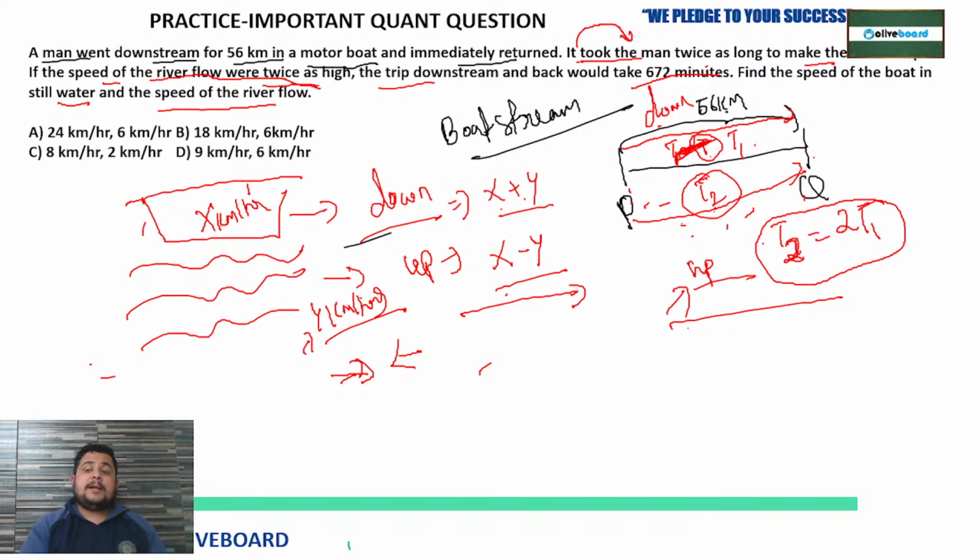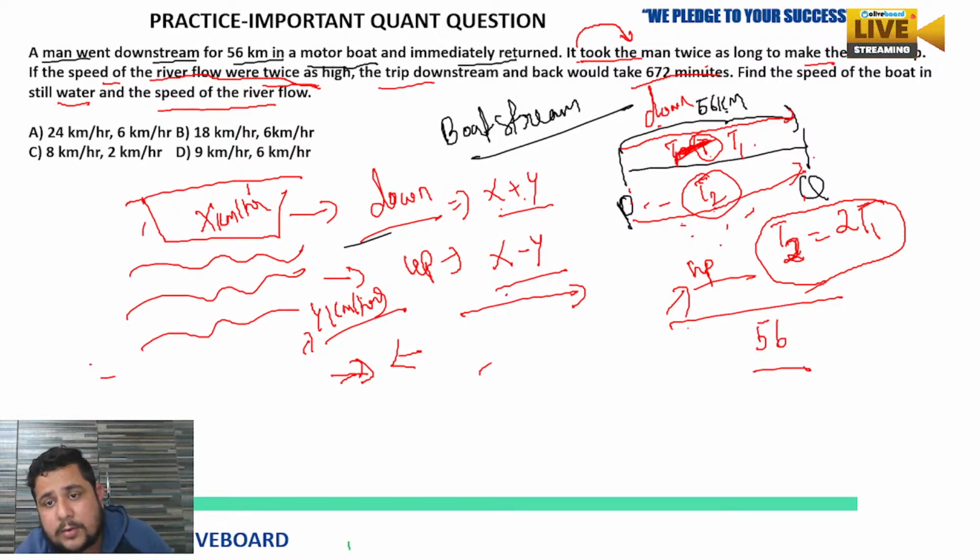For an example, if T1 is equal to 10 minutes, then T2 will be 20 minutes. If T1 is 2 hours, then T2 will be 4 hours, right? So this relation is given. Time is equal to distance upon speed. Distance is the same, as we know, 56. So for T2, they were moving just against the stream. Are you getting my point?